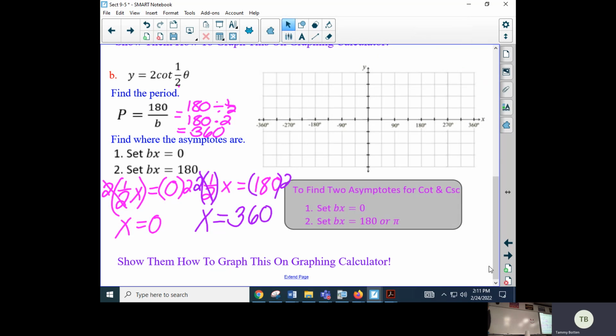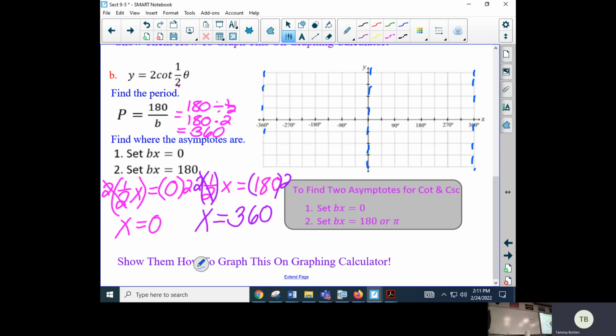Okay, so I can go over here. This is where my asymptotes are. That means at 0, I'm going to have a vertical asymptote, and at 360 I am, for cotangent. Yeah, not with what we learn later, but for today, yes.